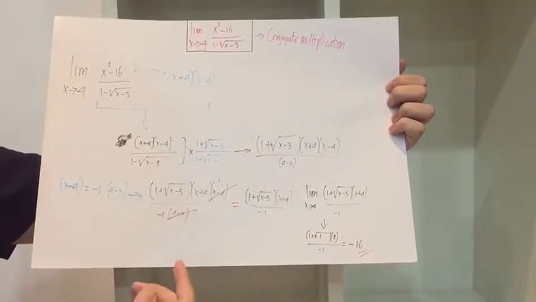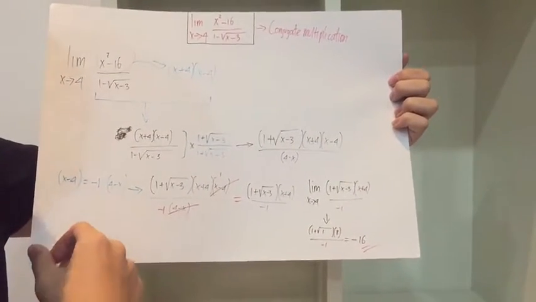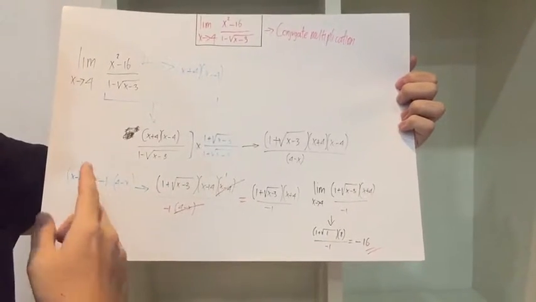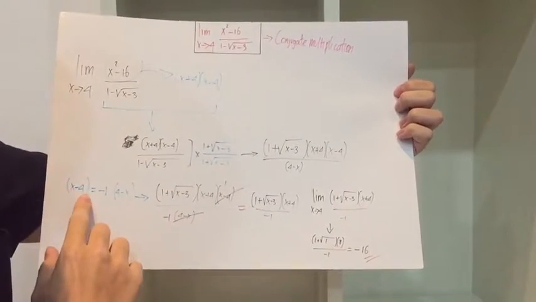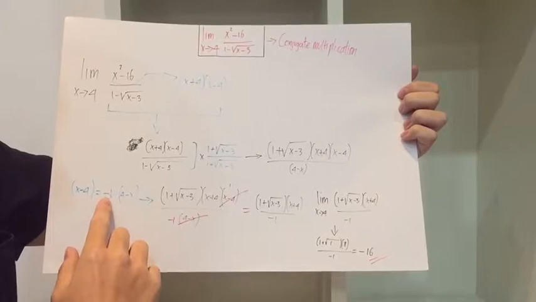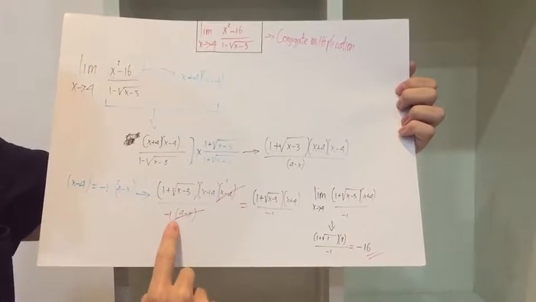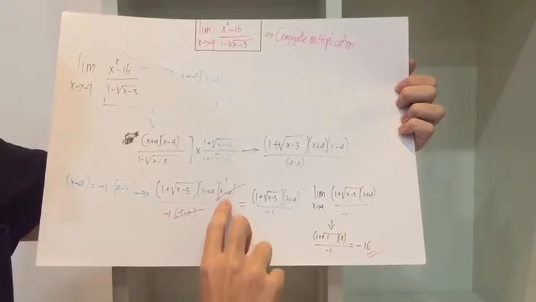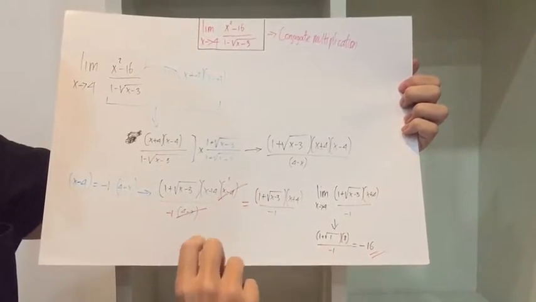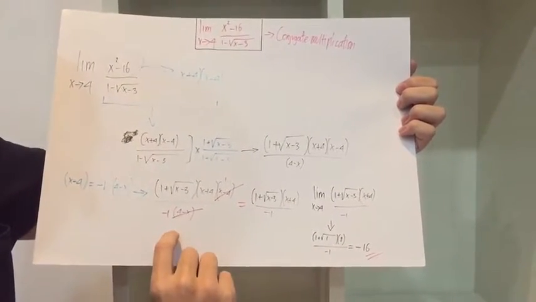And then if you observe so closely, you can understand that x minus 4 is equal to the negative of 4 minus x. And so I have crossed out the bottom part and this x minus 4 over here as 1 and negative 1.